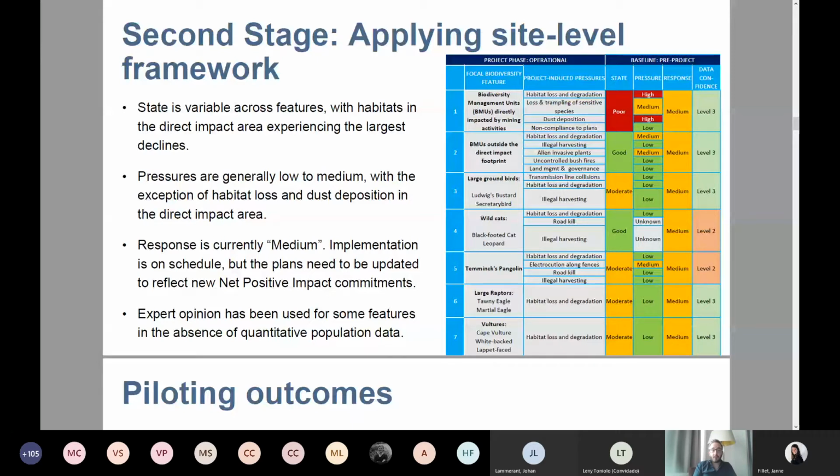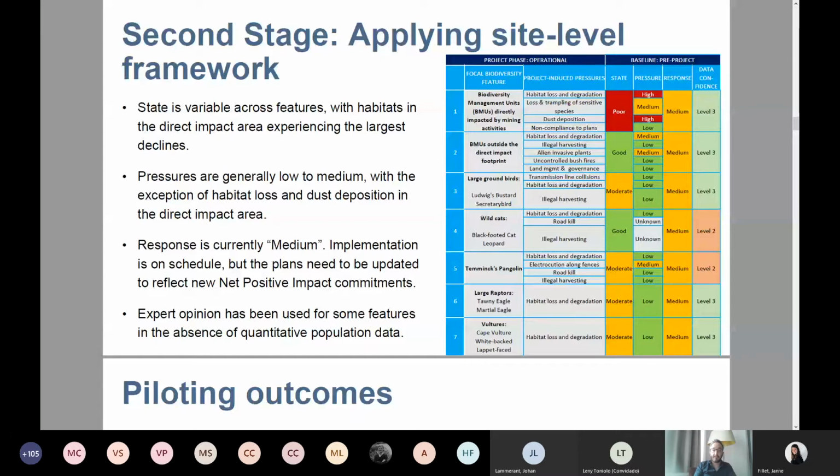We can see that pressures are generally low or medium for a range of biodiversity features, again with the exception of habitat loss and dust deposition within this direct impact area. So some of the habitats within that area of the mine are being more significantly impacted. And the response overall was medium across all biodiversity features.